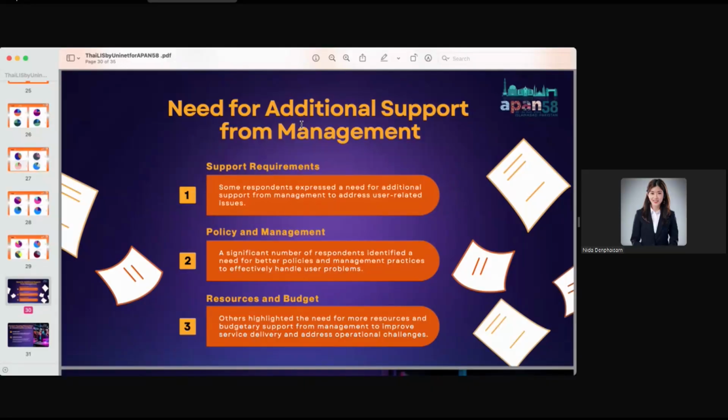They identify the need for better policies and management practices to effectively handle users' problems. And the last one is resources and budget. They request budget support to improve service delivery and address operational challenges.